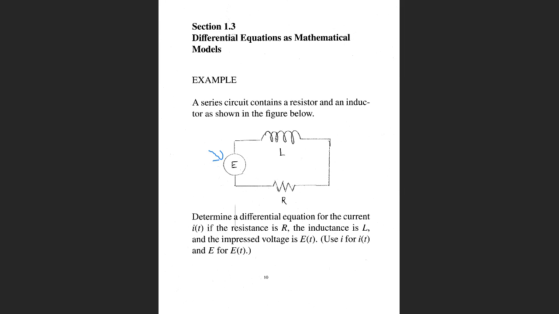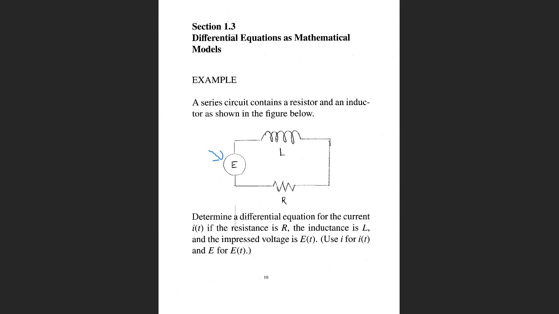Okay, and just to comment here, on this problem, the book calls the E, E is a function of t, time, and it's impressed voltage. That's what the book talks about, these LRC series circuits.